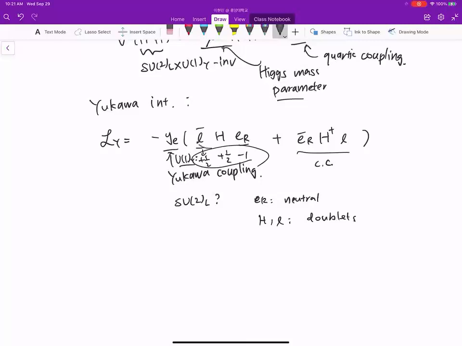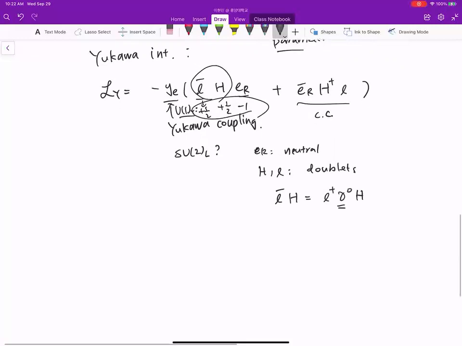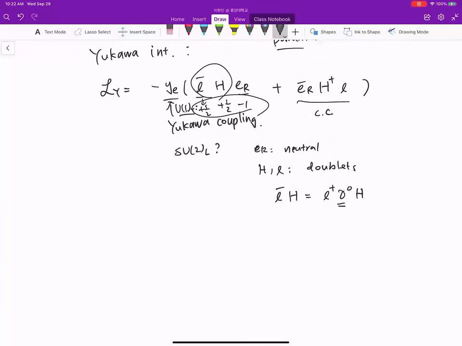So since we take the conjugate here, L-bar H means L-bar gamma^0 H, but this gamma^0 acts on the Dirac spinor indices, and then this is a scalar, right? So you can just interchange.